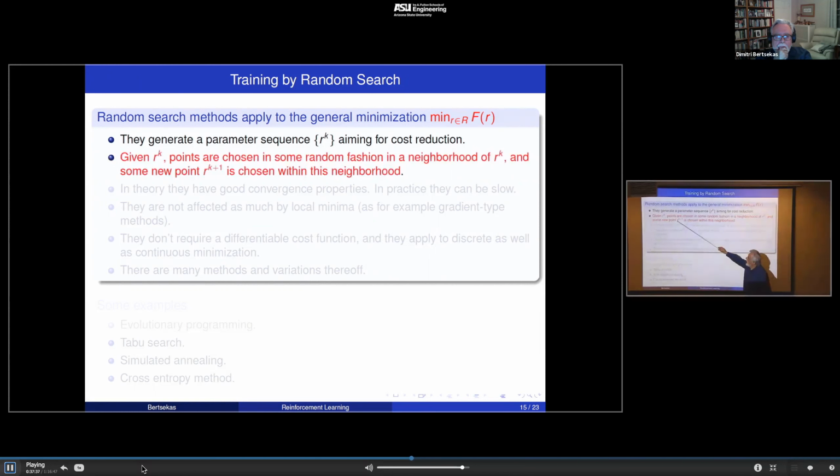Given the current point Rk, we generate randomly points in a neighborhood of Rk, and then we choose some new point within this neighborhood that hopefully is better or more promising, and then we keep going. More random points, move forward, and so on. This is a typical fashion: neighborhood search with the points within the neighborhood generated in some random fashion.